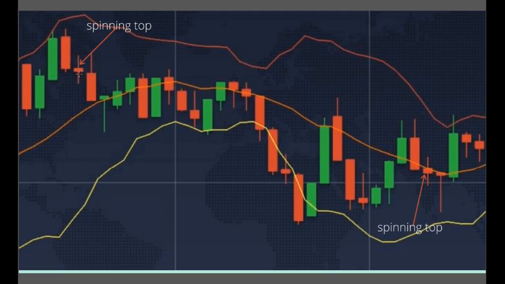A spinning top tells you that within this time frame, the buyers were in control, and also the sellers were in control at some point. You see this upper wick. This upper wick tells you that there was a time when the bulls were in control.